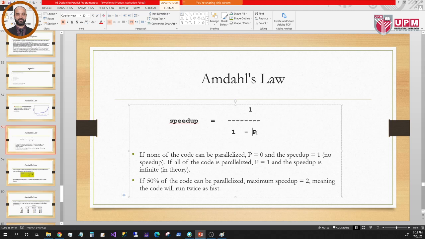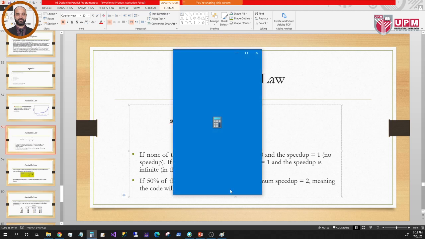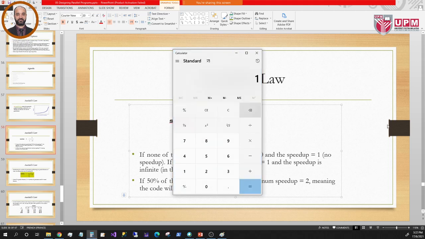It will be very close to 1, maybe 0.99. In this case, 1 minus 0.99 will be 0.01, and 1 divided by 0.01 will give us 100, right? So the speedup increased, right?